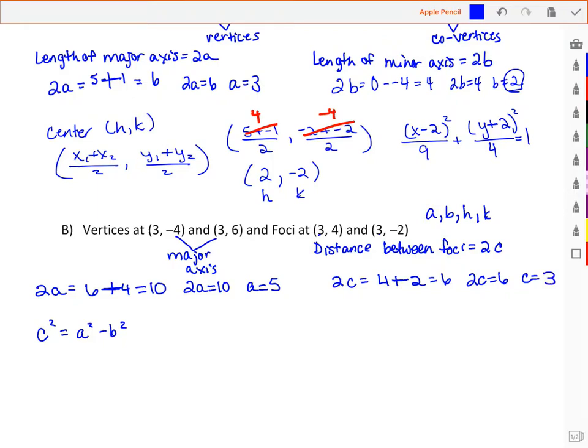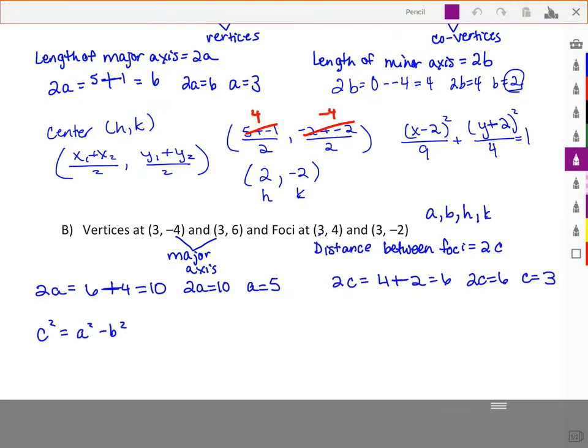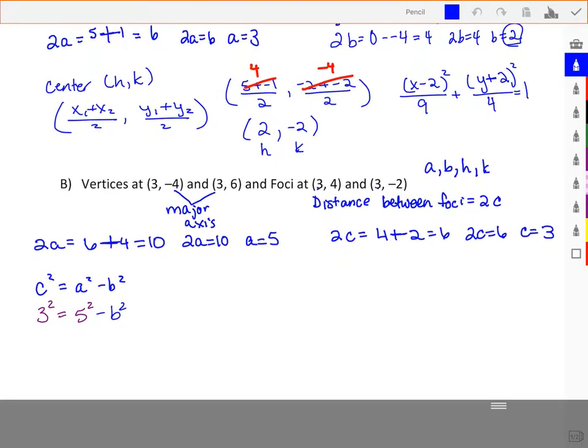All right. So we're going to plug that into c squared equals a squared minus b squared. Let me change colors just to help us follow along here. 3 squared is equal to 5 squared minus b squared. 3 squared is 9. 5 squared is 25.